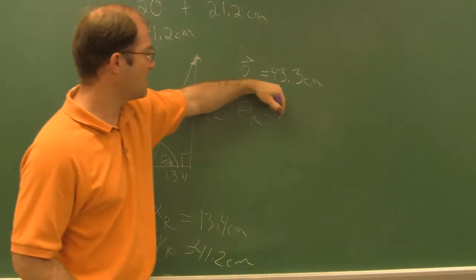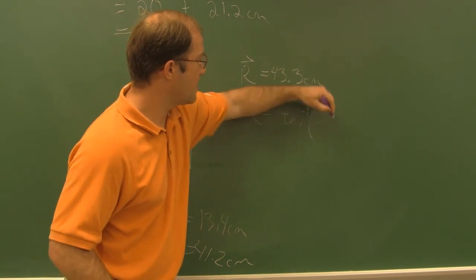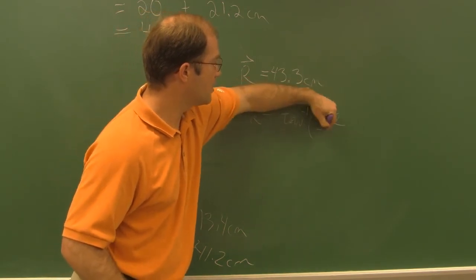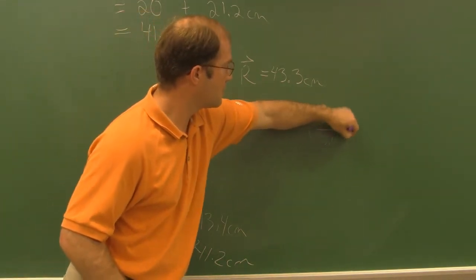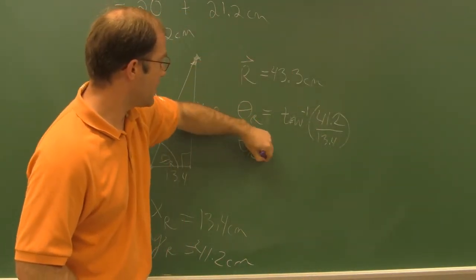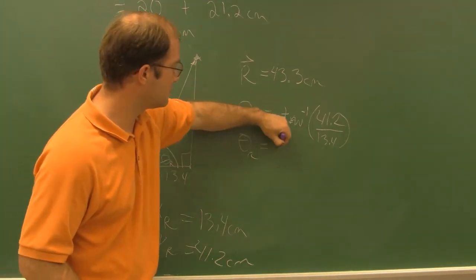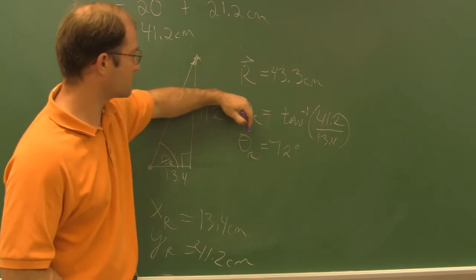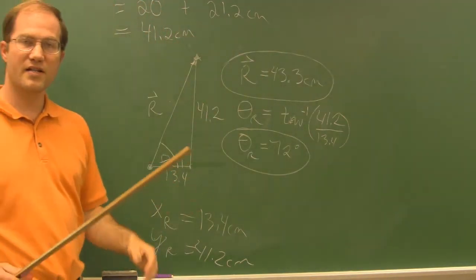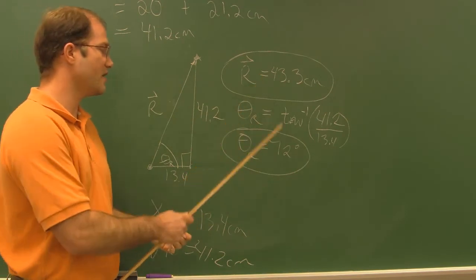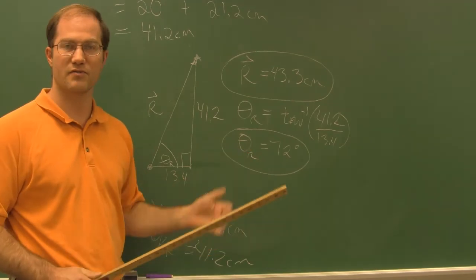So it's the inverse tangent of 41.2 divided by 13.4. And that gives us the angle of the resultant as being around 72 degrees. So, using vector addition, we've determined the magnitude and the angle of our resultant vector when we added those two individual vectors.